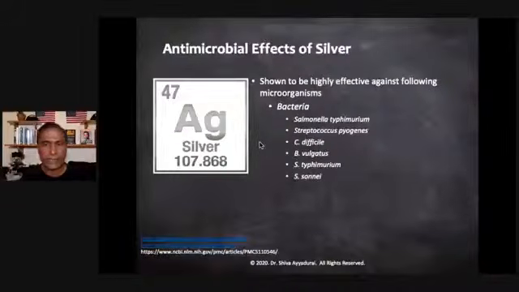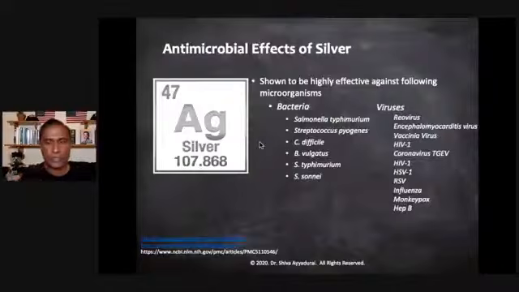It's shown to be highly effective against various microorganisms, bacteria: salmonella, streptococcus, and you can look at the various other forms, C. difficile, B. vulgatus, S. typhimurium, and S. sonnei. I'm sure there are others, but bacteria are one type of microorganism.